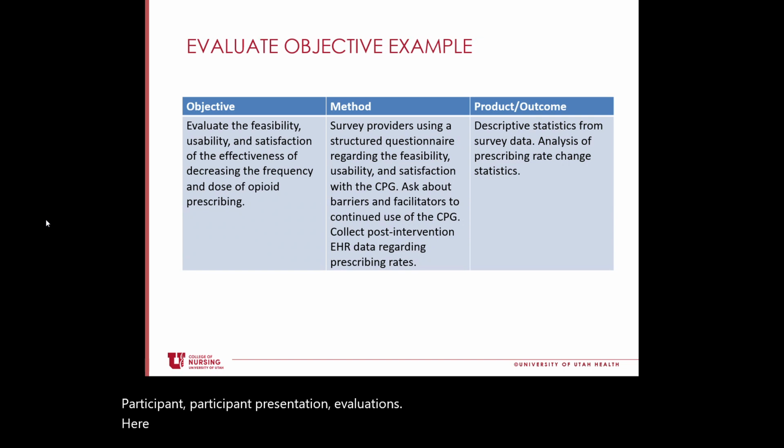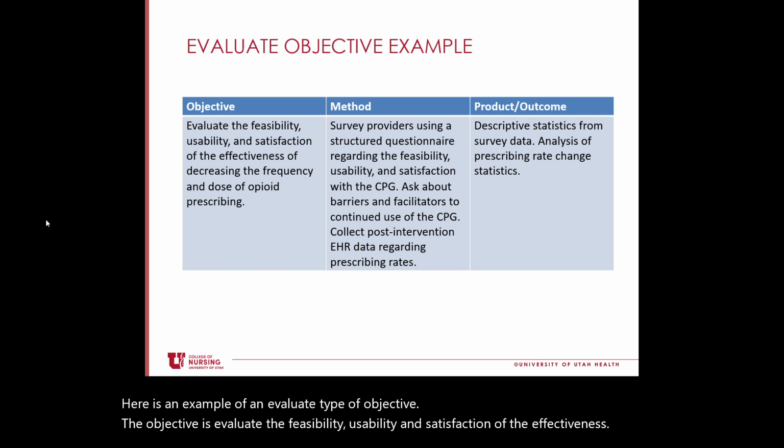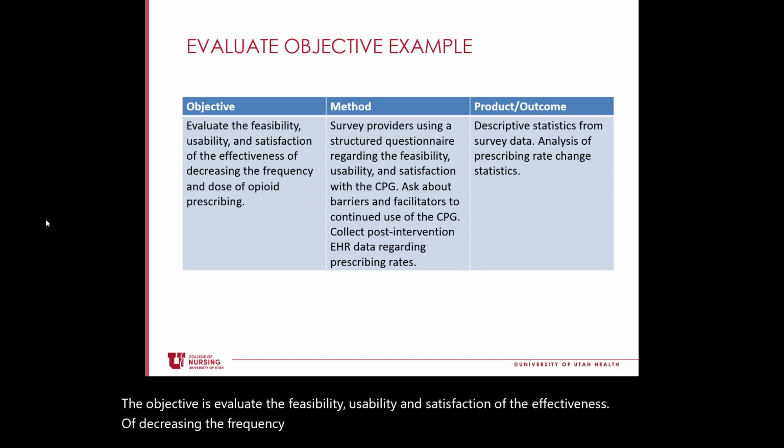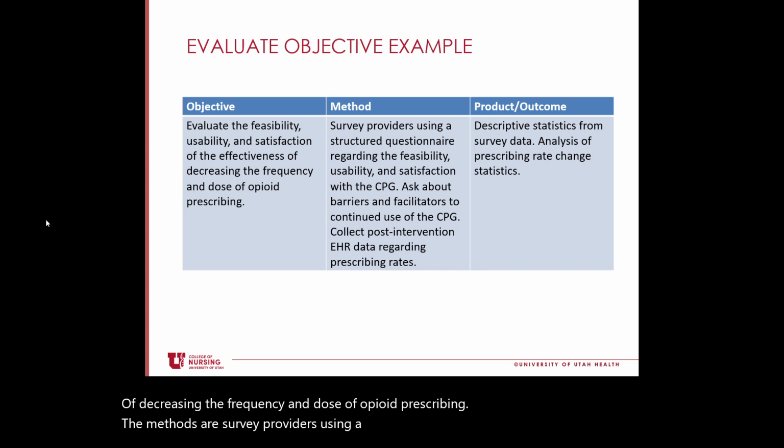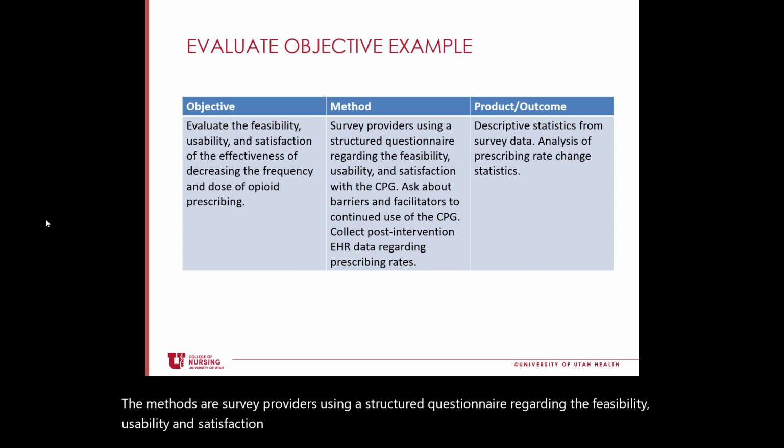Here is an example of an evaluate type of objective. The objective is evaluate the feasibility, usability, and satisfaction of the effectiveness of decreasing the frequency and dose of opioid prescribing. The methods are survey providers using a structured questionnaire regarding the feasibility, usability, and satisfaction with the CPG.